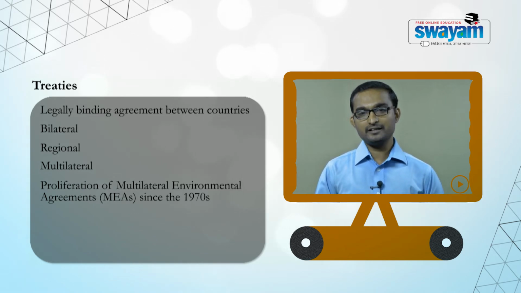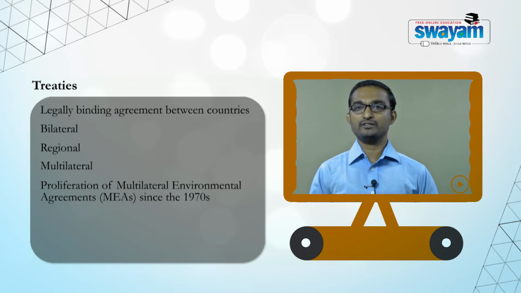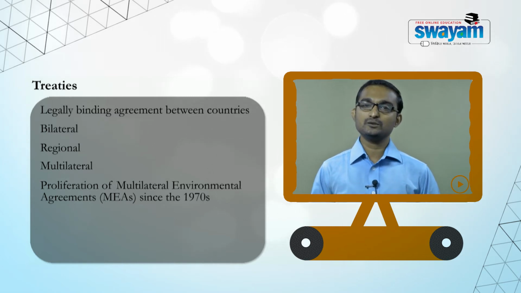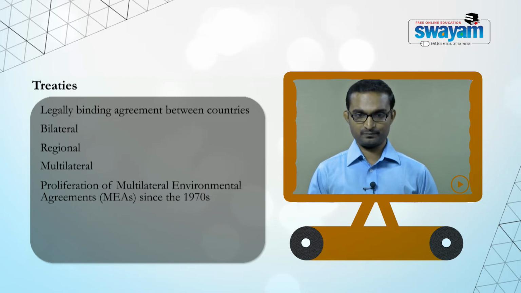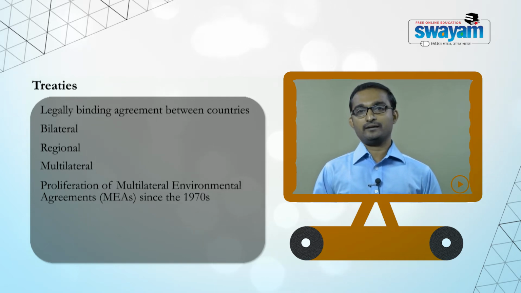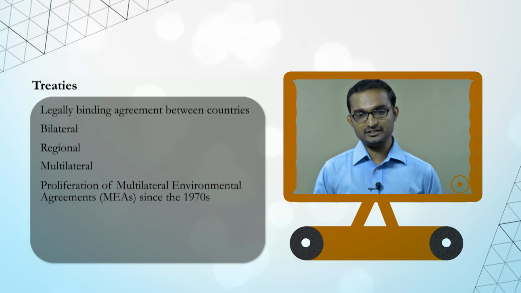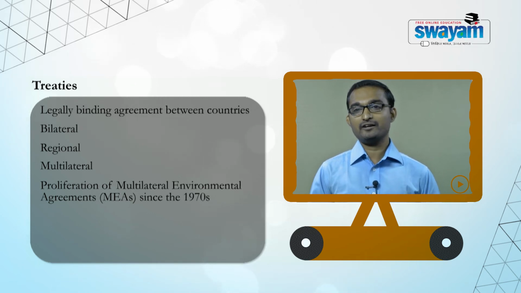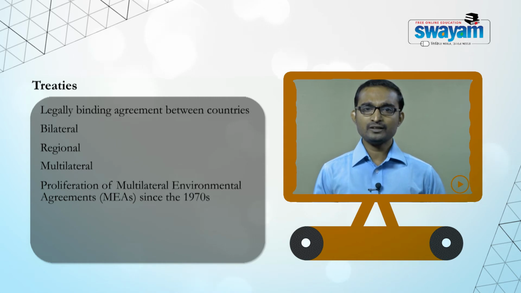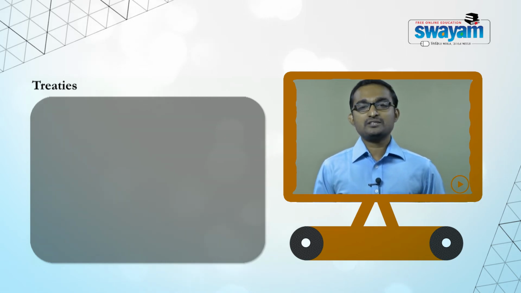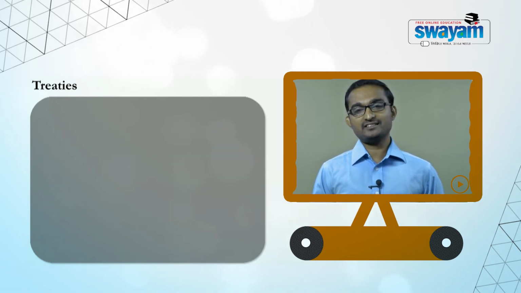Multilateral environmental agreements means several countries from different regions entered into an agreement to address one or more environmental issues. We will be discussing some of the major features of these multilateral environmental agreements with some examples. Let me first put some examples to get an idea of what these treaties are.